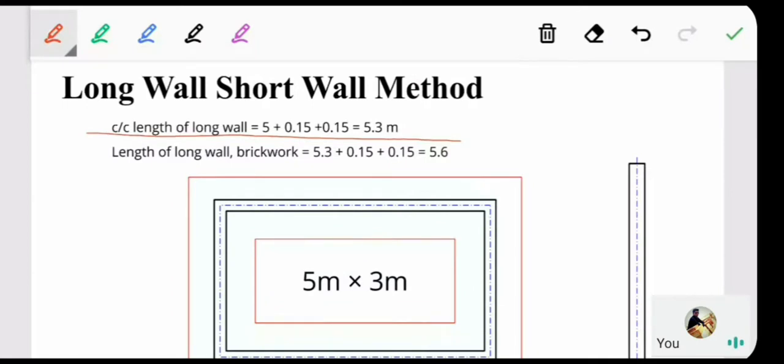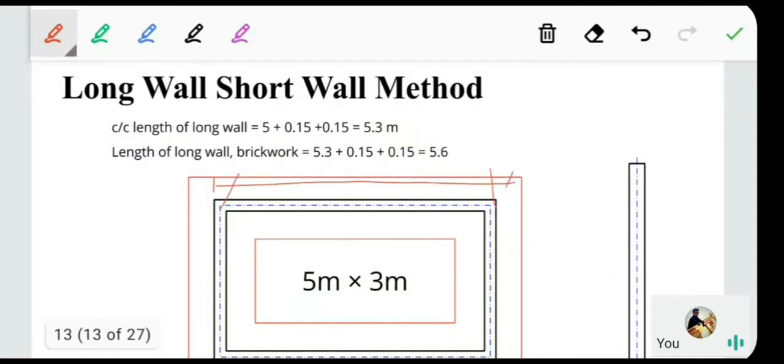So the length of the long wall for the brickwork will be equal to center line length, that is 5.3, plus half width on the one side plus half width on the other side. The total width of the brickwork was 0.3, so half will be 0.15 on one side and 0.15 on the other side. That will give us the out to out length of this particular long wall.